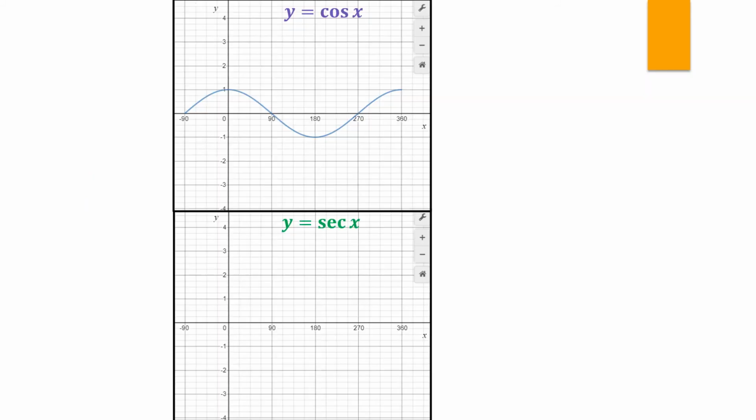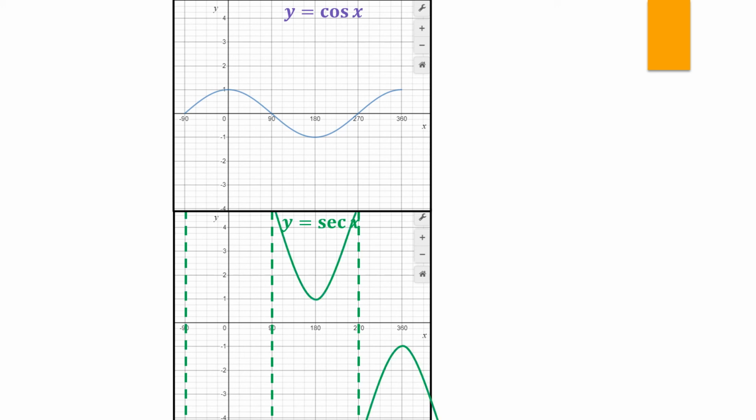So we've got our cosine curve plotted from negative 90 to 360 degrees. Again, our range is negative 1 to 1. And we want to plot our y equals secant curve. So we know that there's going to be a 90 degree shift of our cosecant curve to the left. So therefore, our asymptotes are all going to shift 90 degrees to the left and appear at negative 90, 90, and 270.